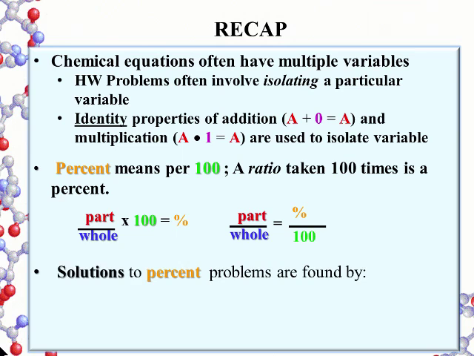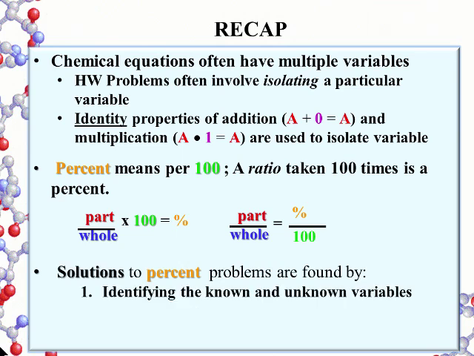Solutions to percent problems and, as we will see, other word problems are found by identifying the known and unknown variables. These are put into the setup. Find and solve the equation algebraically, that is, find an equation that relates the known and unknown variables in the setup.